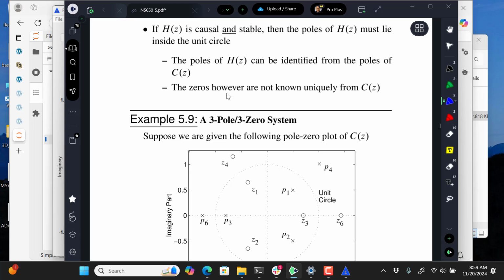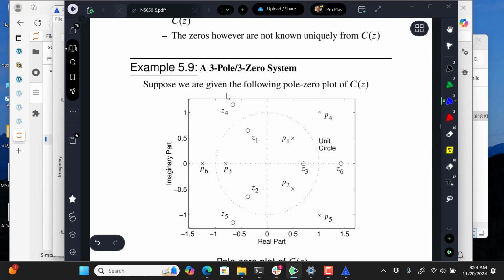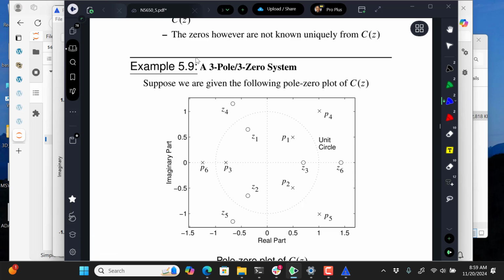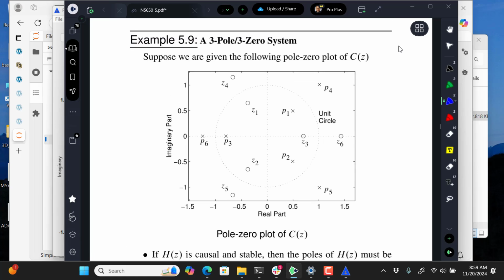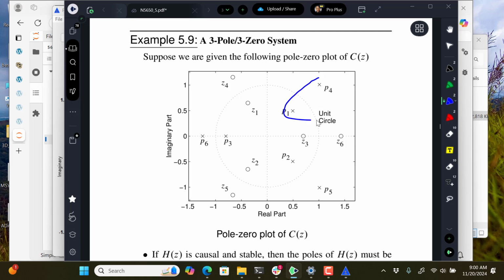So that's this picture. The poles are unique because for the system to be causal and stable, we have to view the poles as being the ones that are inside the unit circle. But the zeros are not unique. Once we're looking at this C of z system, it's somewhat confusing, but these two are together, and then just another example, these two are together.